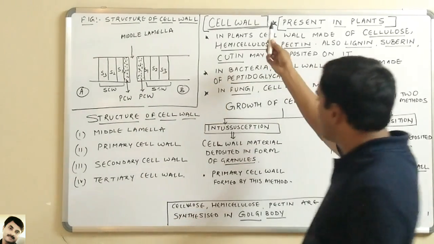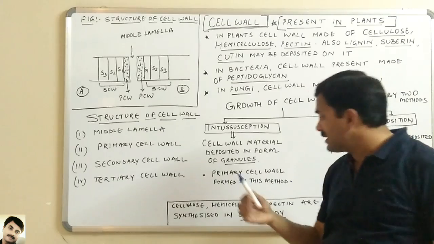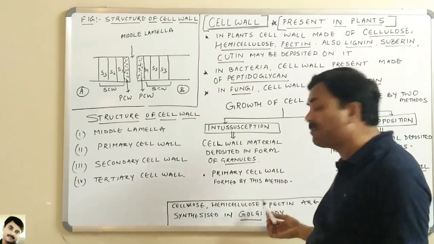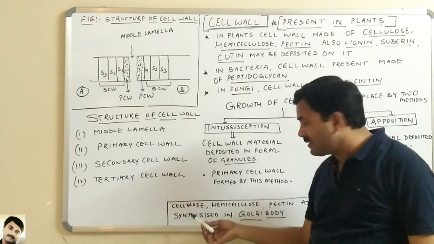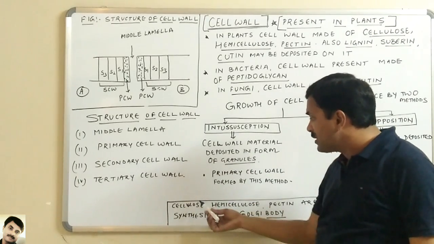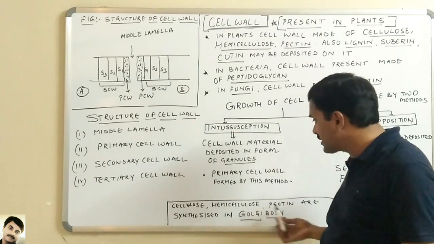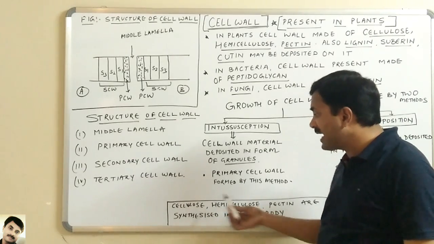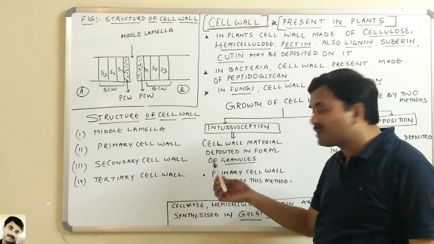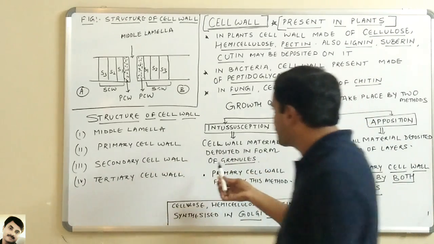Now you have seen that the cell wall is made up of cellulose, hemicellulose and pectin. We must know where these substances are formed: cellulose, hemicellulose and pectin are synthesized in the Golgi body, and these substances form the cell wall.